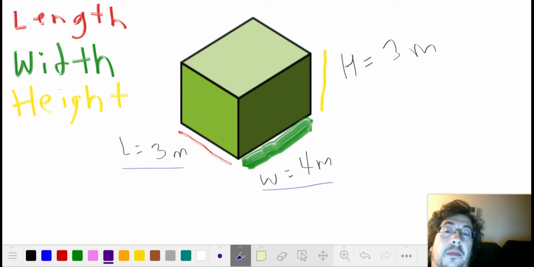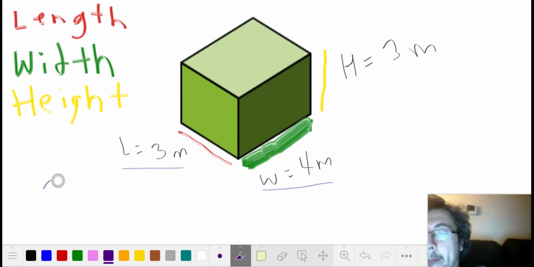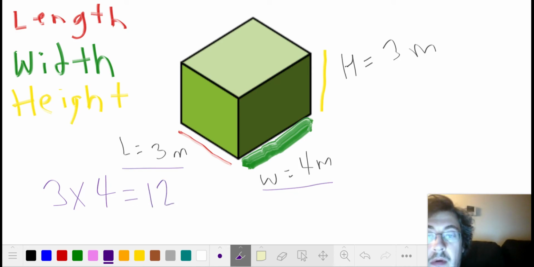But I'm going to choose to multiply the length and the width first. And we know that 3 times 4 gives us 12. And since we're multiplying 3 meters by 4 meters, and remember that length times width is area, 3 times 4 is 12 meters squared.